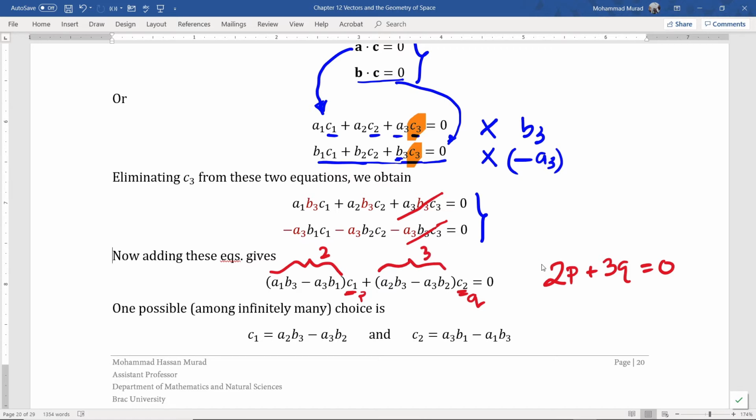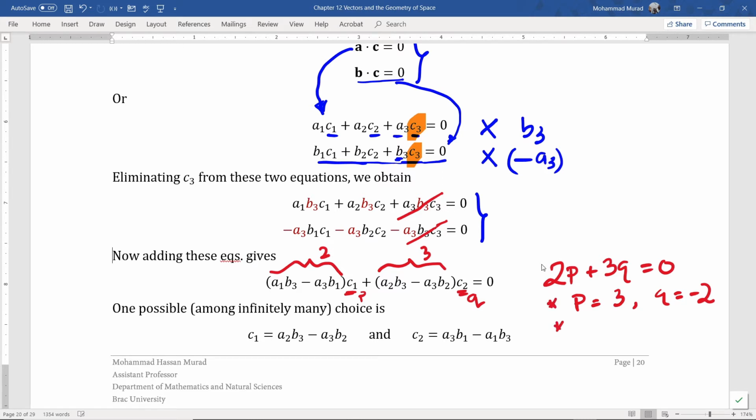So this is a single equation in two unknowns. There are infinitely many possible solutions. For example, I can set p equals 3 and q equals -2. You see, it becomes 6 minus 6, which is equal to 0. So this is one possible solution.